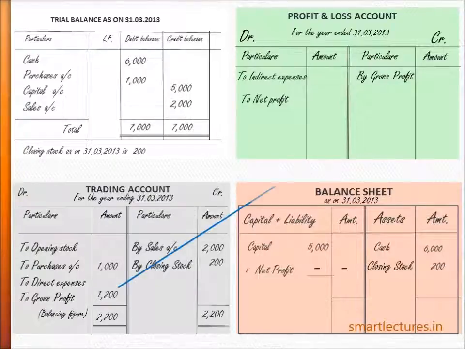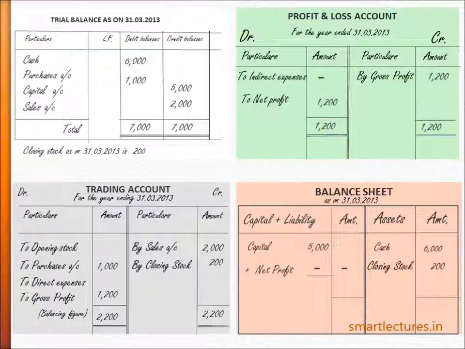Take this gross profit to the profit and loss account credit side. By gross profit 1,200. To indirect expenses nil. The total on credit side 1,200. So what will be your net profit? To net profit 1,200. This is the balancing figure. This is the figure you have supplied to make the totals equal. So total on both sides 1,200. This is the net profit.